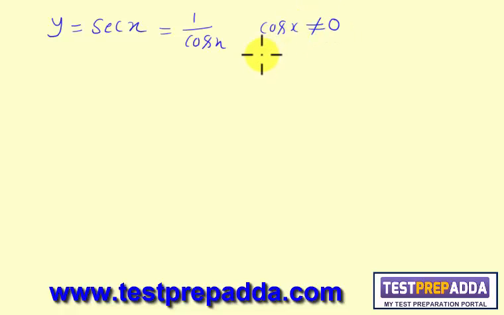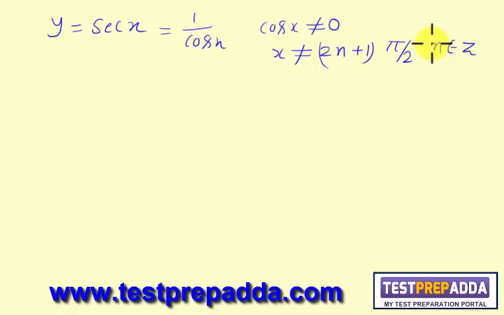And that is why x should not be equal to (2n plus 1) pi by 2, where n belongs to integers.